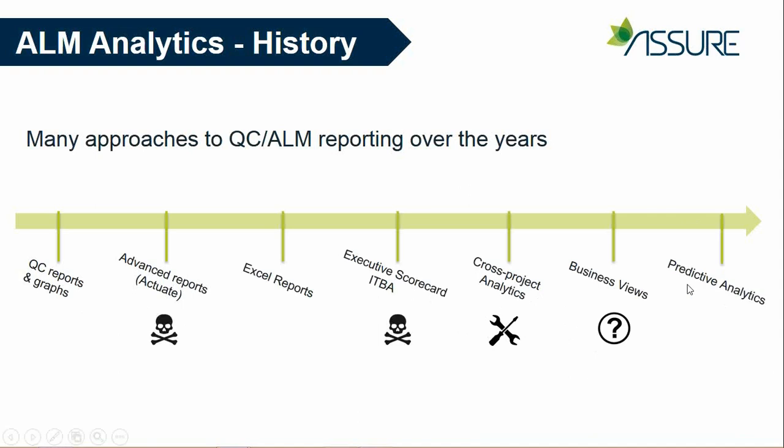And the last thing HP has been working on for at least the past 2 years is predictive analytics, which, to the best of my knowledge, is going to Octane but not to ALM, and I'm not even sure when. All right, so that's pretty much the high-level track record. There might be some other entries we have missed, and the order might not be exactly right, but it gives you a very good idea of what has been done.